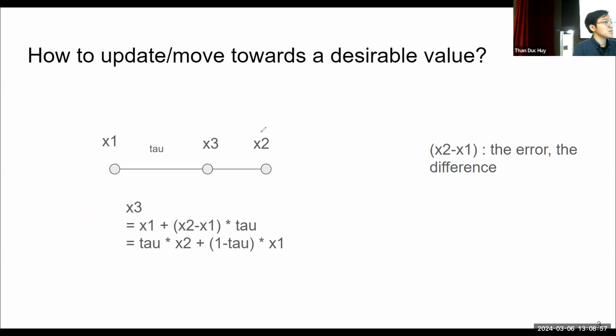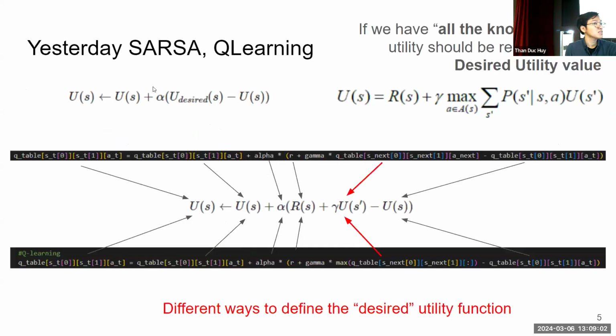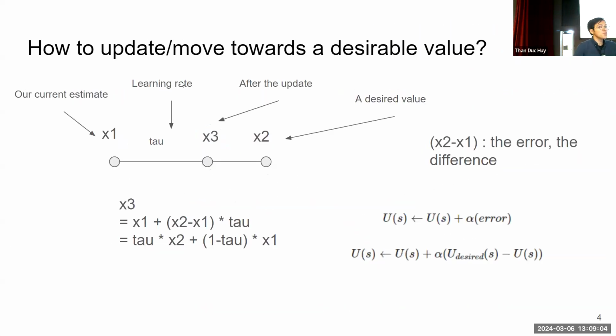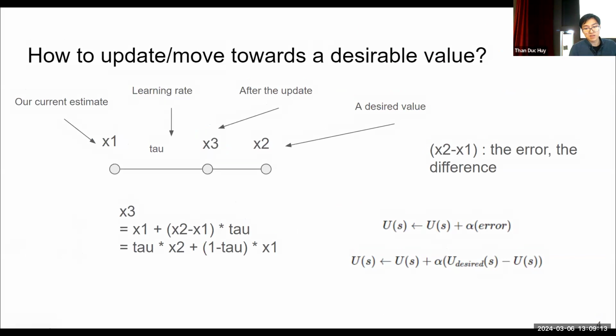So how is this relevant? It is relevant because, how do we move and update towards a desirable value that we want? The Bellman equation that we encountered yesterday, let's understand this first.